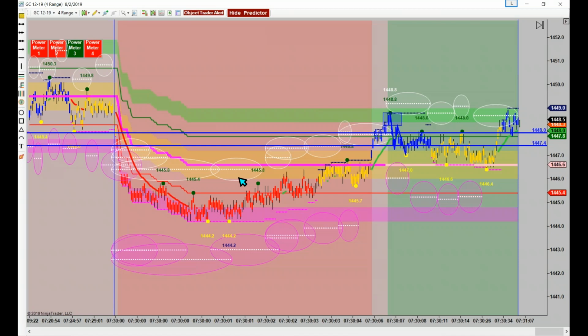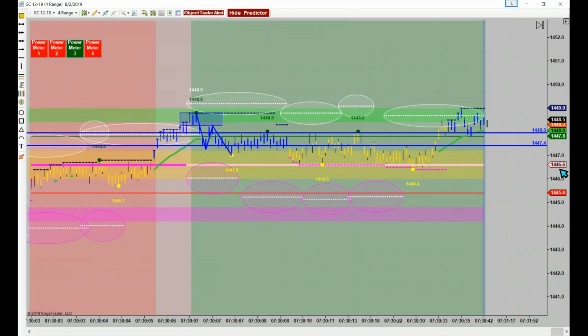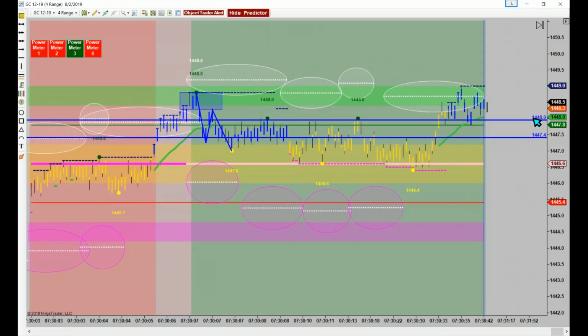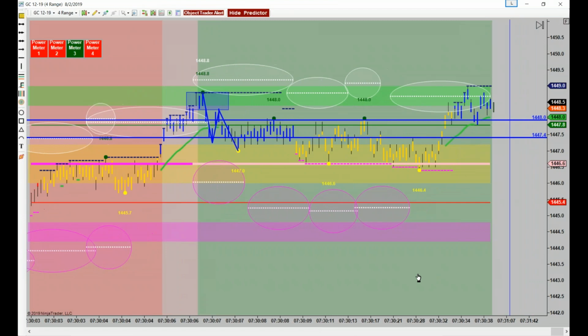What you want to start training your eye to see is your minimum criteria trades, your stealth touches. You know, this was a perfect entry right here, even if you happen to not be on Top Step or One Up or an evaluation account, because you couldn't trade this until 7:31. So right in here is pretty much where you were able to trade it.